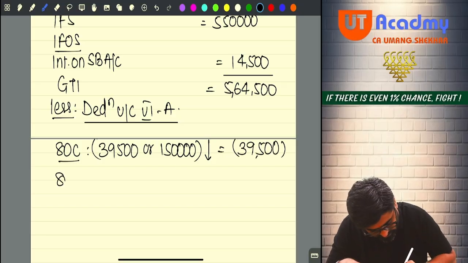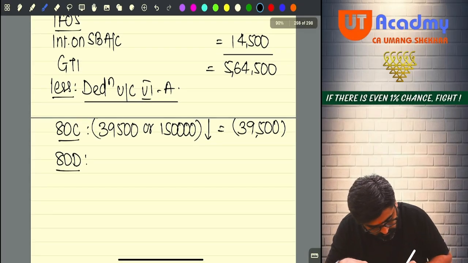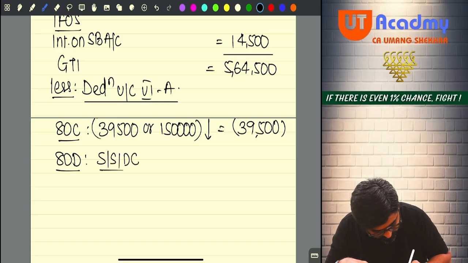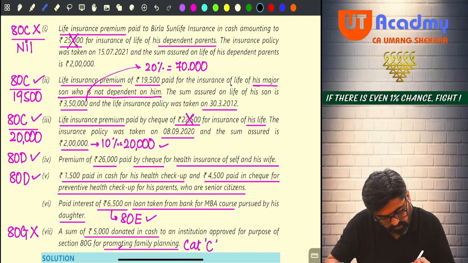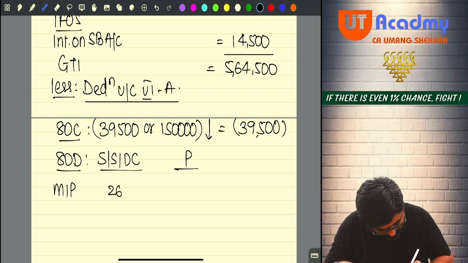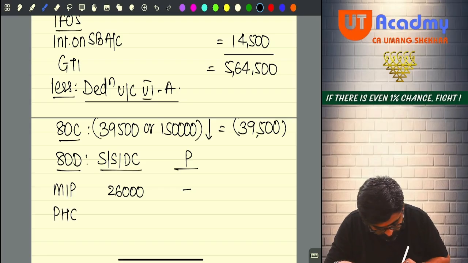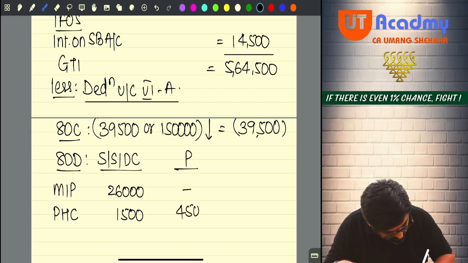Okay. 80D, can you claim? Yes. Now please pay attention. 80D for self, spouse, dependent children, and for parents. Medical insurance premium paid is how much? Self and spouse, 26,000. For parents, no mediclaim paid. Preventive health checkup: 1,500 here you have paid and 4,500 here you have paid.